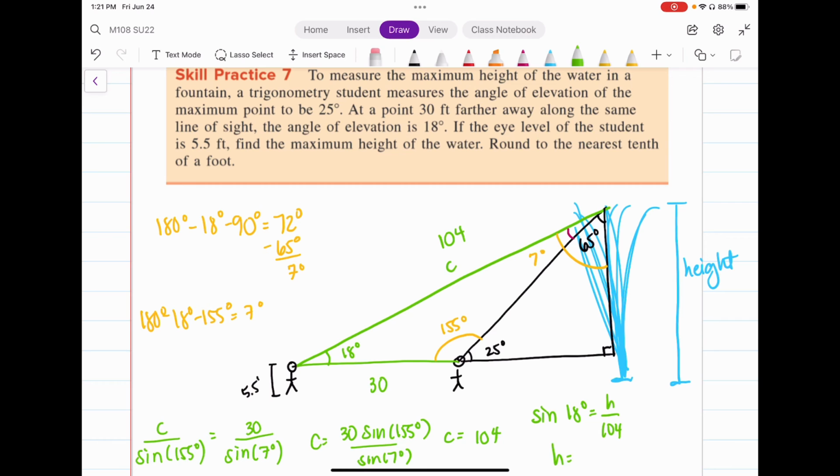Or the height is equal to 104 times the sine of 18 degrees, or 32.1. So this height is 32.1, but then the student is 5.5 feet tall. So 32.1 feet plus 5.5 feet equals 37.6 feet.